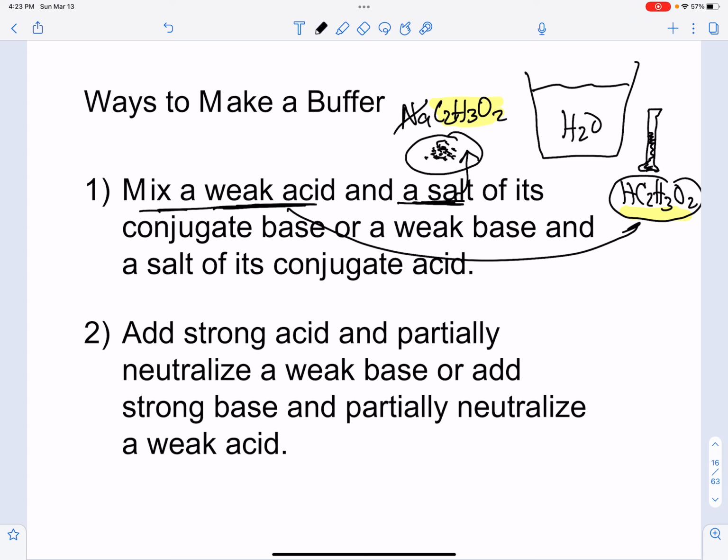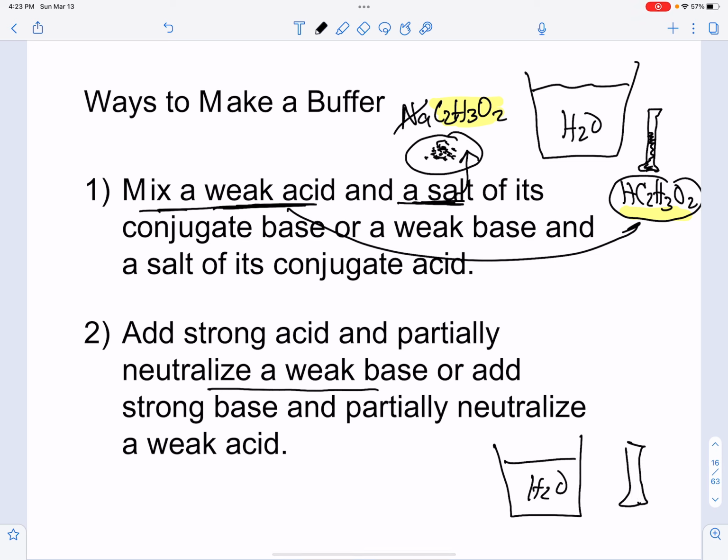That's one way of doing it. The other way of doing it is you can take, for example, a weak base. So I can have pure water, and I can have some ammonia in there, aqueous.